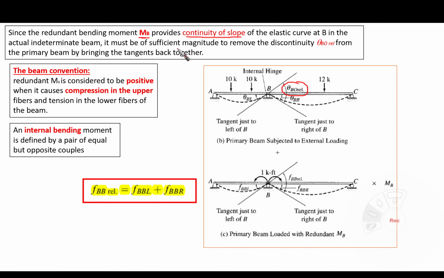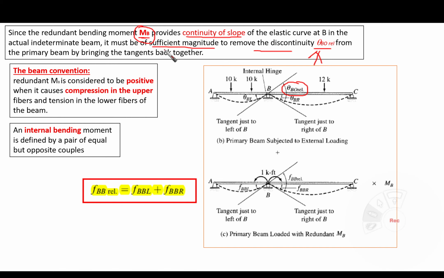It must be of sufficient magnitude to remove the discontinuity, which is this theta, the angle of discontinuity. So this MB must have a sufficient magnitude to remove this discontinuity from the primary beam by bringing the tangents back together, right? This is the key point.